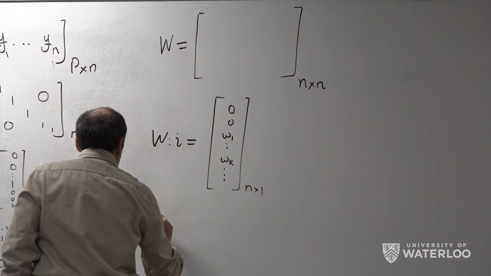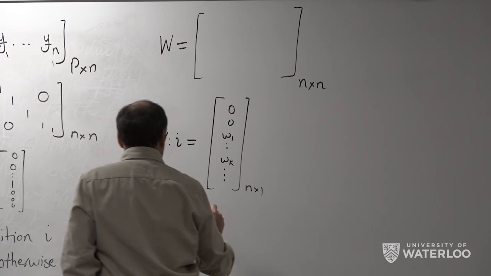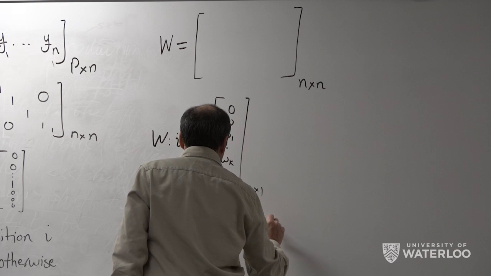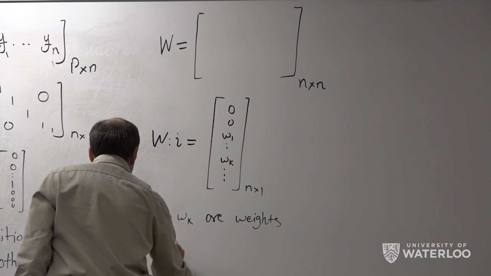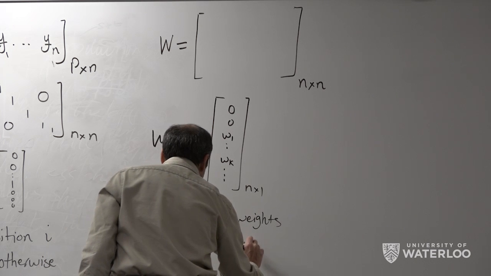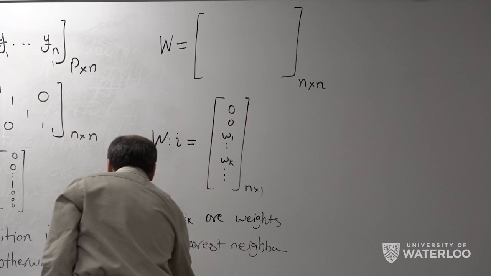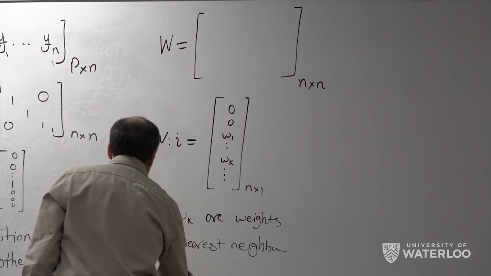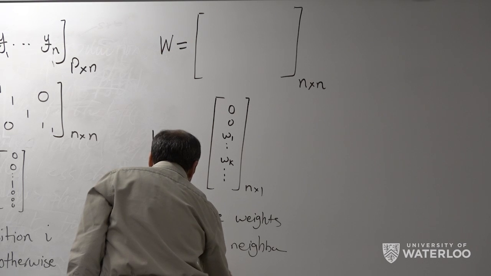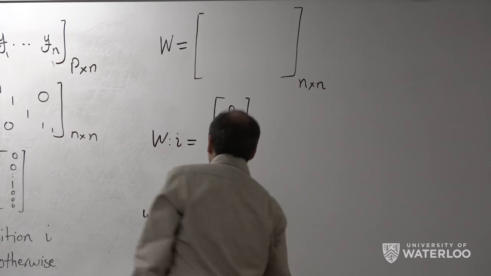So basically W1 to WK are the weights of the k nearest neighbors of xi, and 0 otherwise. Okay?